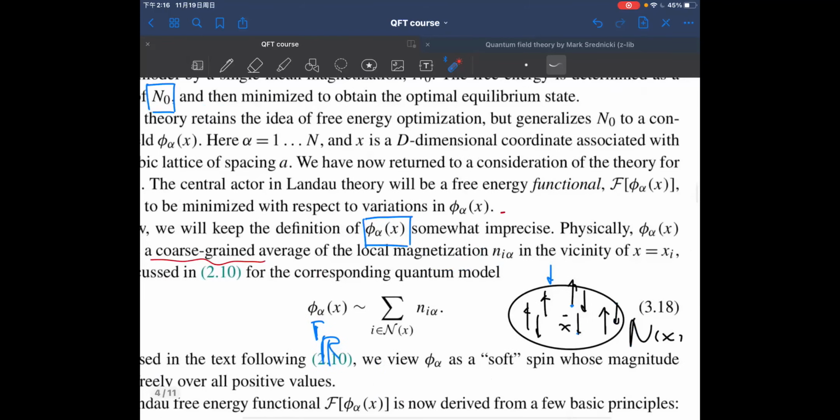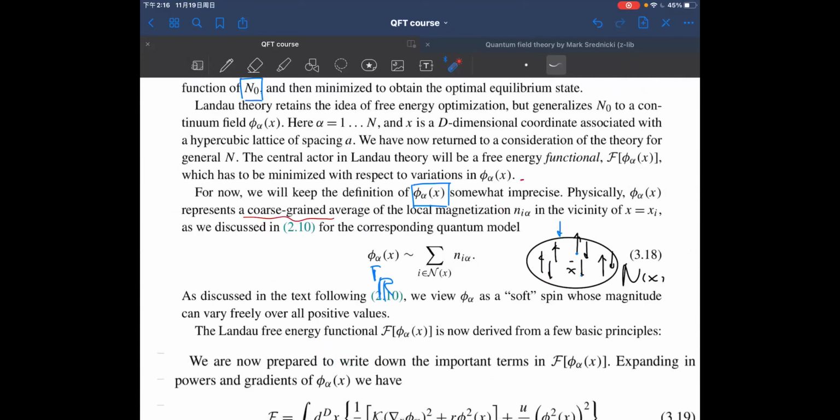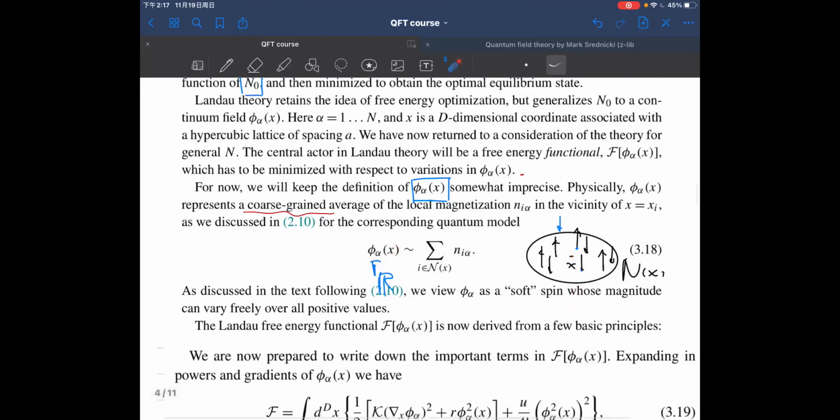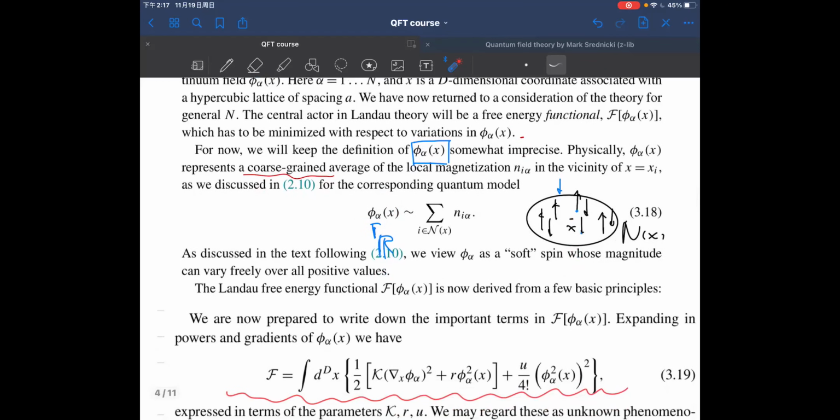But we don't want to describe every spin in the system. It is quite hard. So we just take some neighborhood of a place x, and we sum over all spins around it in this neighborhood. In this region, we define it as the value of a field on x. In the original system, x is discrete, but finally we will make it continuous coordinates.